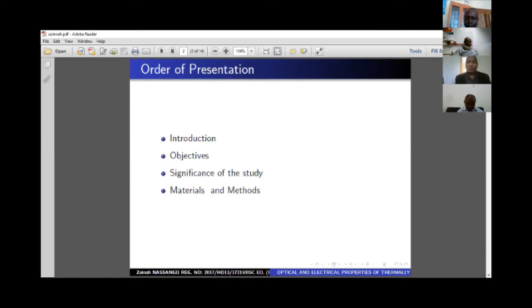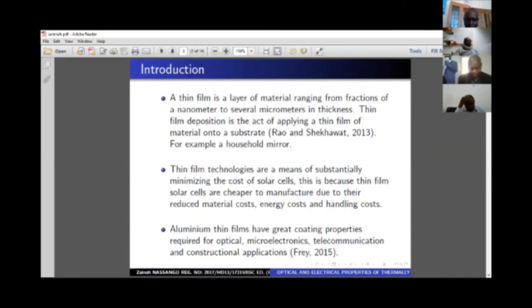My order of presentation: introduction, objectives, significance of the study, and then materials and methods. My research is about determining the optical and electrical properties of thermally deposited aluminum thin films.